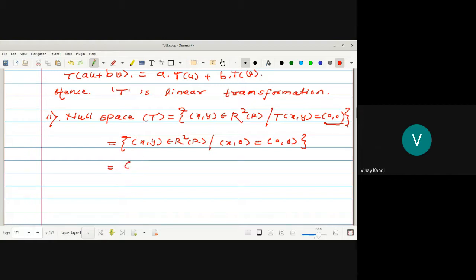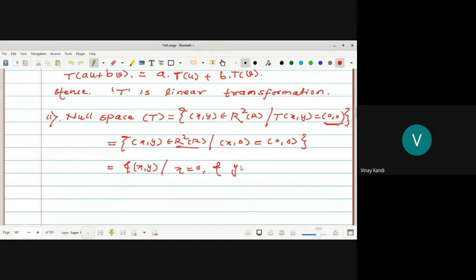Here the domain and codomain are the same, domain is R2, codomain is R2, so no need to write R2 or R. The collection of ordered pairs (X, Y) such that, by comparing the first coordinates, we get X is equal to 0 and Y is any element.